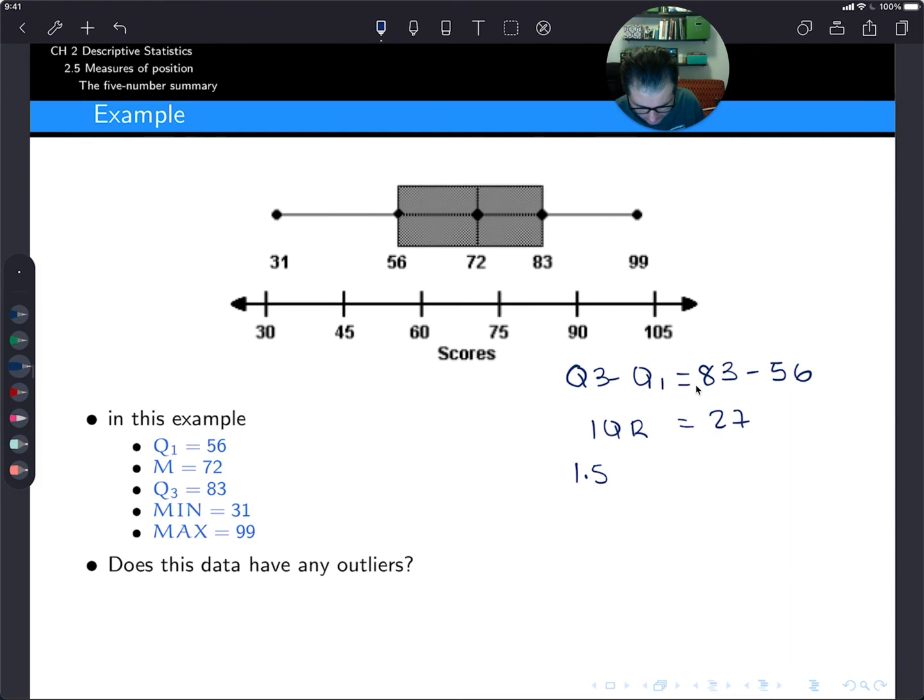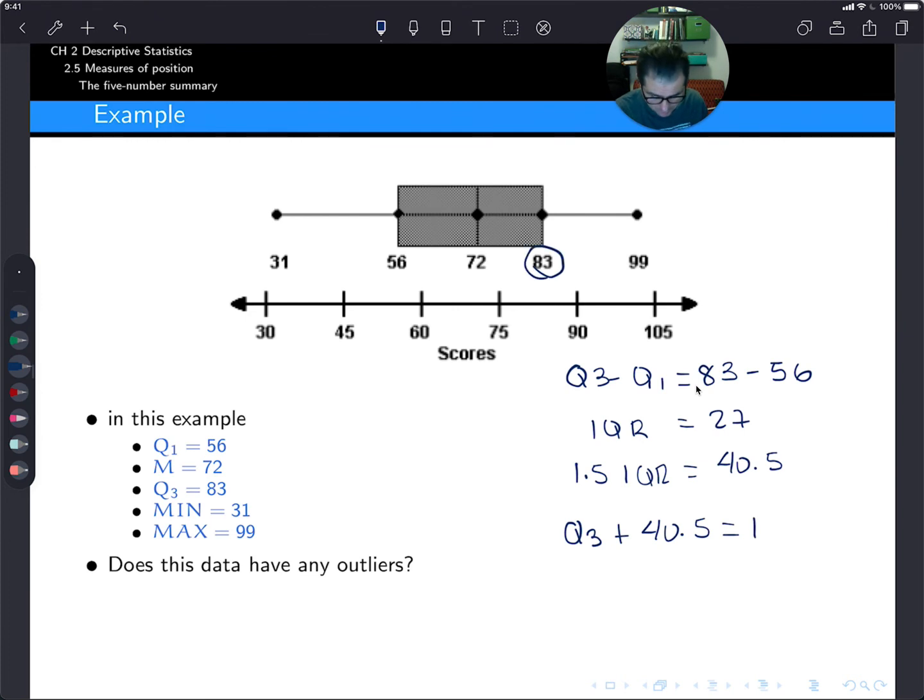So 1.5 times the IQR is 27 and 13.5, I believe that's 40.5, right? So there are not any outliers, because if you do Q3 plus 40.5, you get 83 plus 40.5. That's above 100.